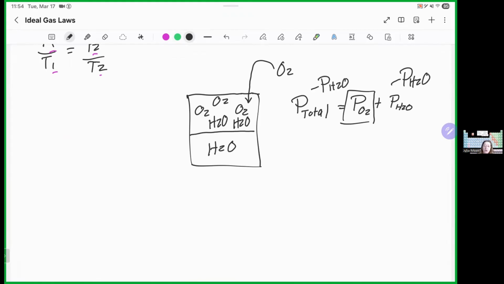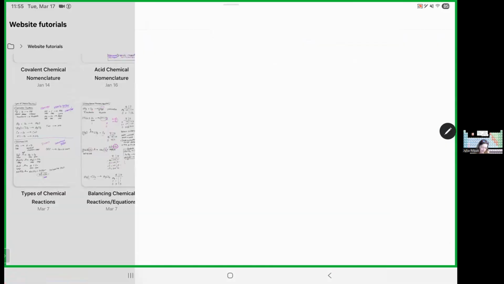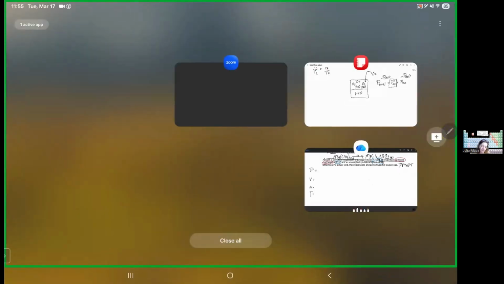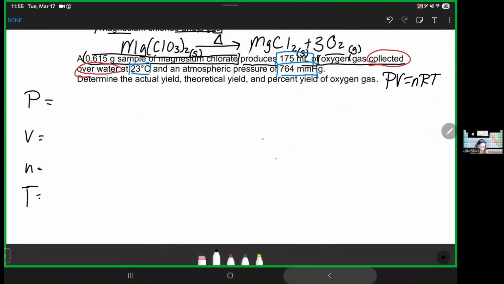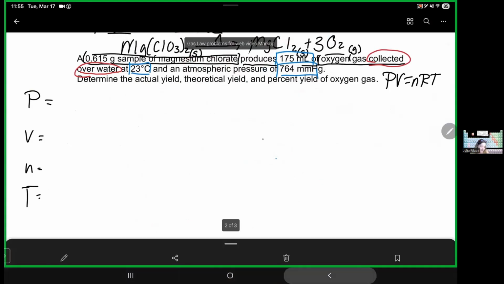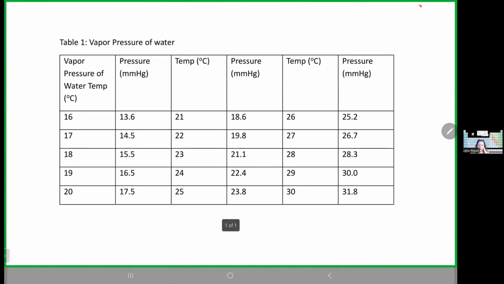Okay. So when we have a gas collected over water, you have to subtract your pressure of water to get your pressure of just the gas you're talking about. So when we do that for this, they will give you a table that is the vapor pressure of water at specific temperatures.